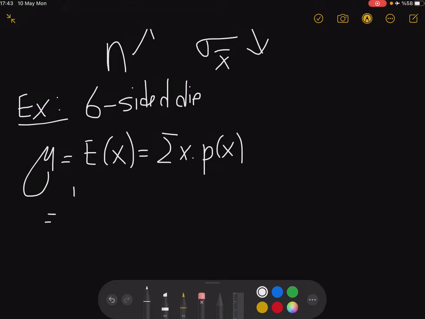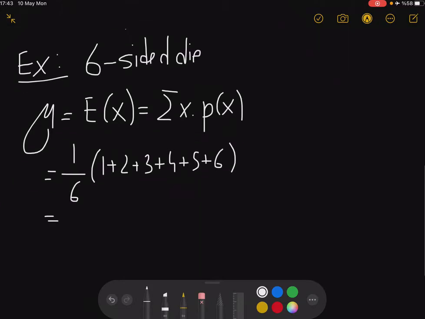And that would be 1 over 6 times 1 plus 2 plus 3 plus 4 plus 5 plus 6, and that would be 3.5. All right. If we take 5 samples, if we throw the die 5 times, is that a good estimator for population mean?